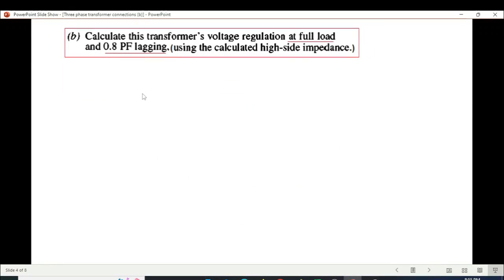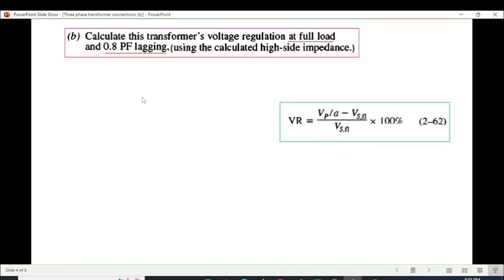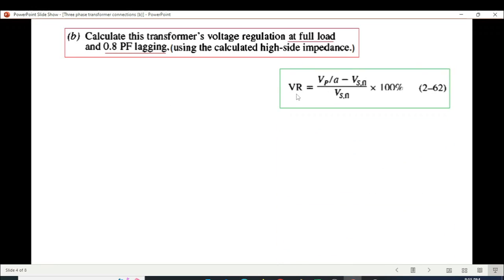Now the second part is saying that calculate the transformer voltage regulation at full load and 0.8 power factor lagging using the calculated high side impedance. So we'll use that impedance. First of all, let's recall the formula for the voltage regulation.